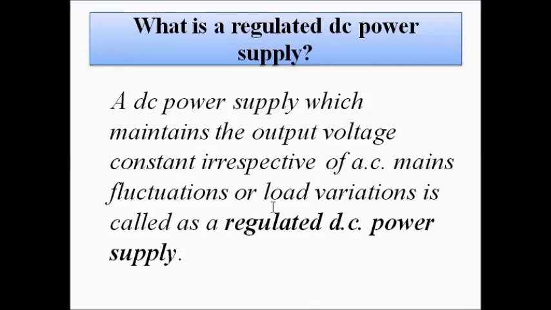If you connect them to the AC supply directly, they will get damaged, they will get burnt out. The circuits will be damaged because they have a certain power rating, which is the power they can handle. So for that reason we need a power supply unit which gives us a constant output. That is called a regulated DC power supply.